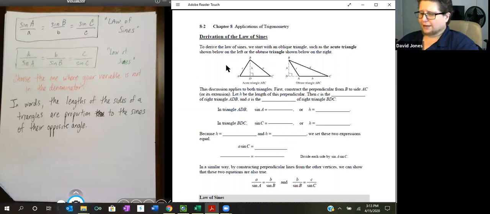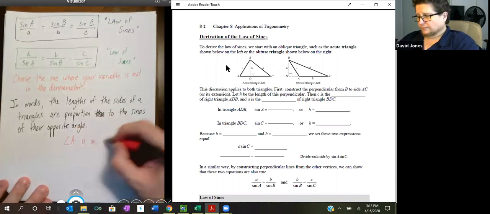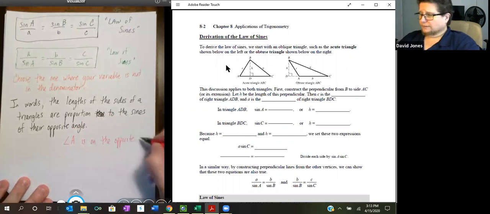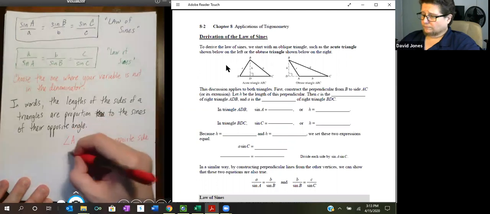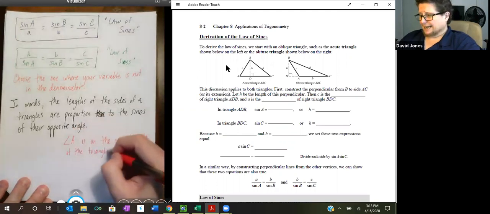And like on the triangle, angle A is on the opposite side of the triangle from side a.